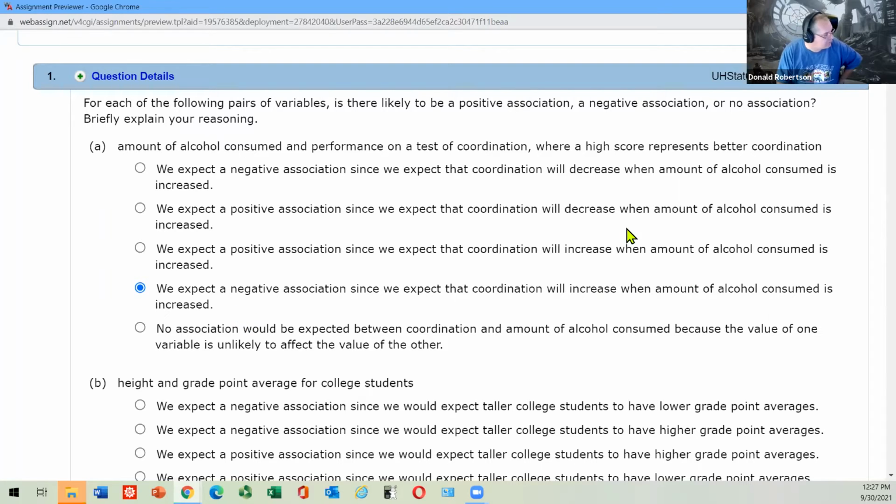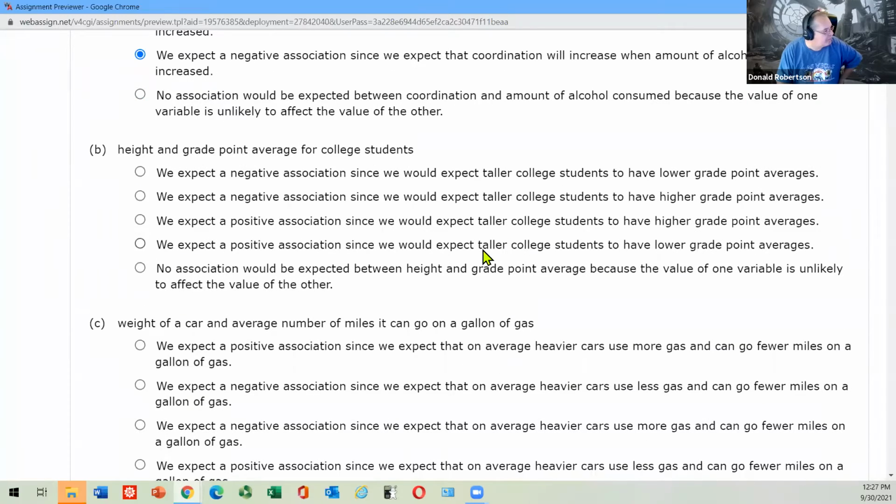So that's this one. How about your height and your GPA. So along the x-axis, you've got, you know, a 52-inch student, a 53-inch, right, a 61-inch, a 72-inch, all the way going that way. And up the side, you've got the GPA of that student.